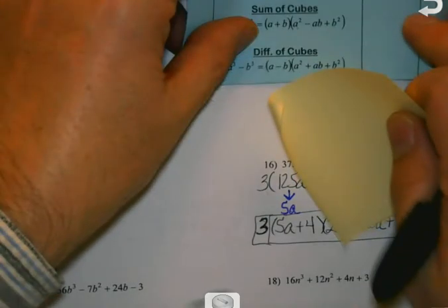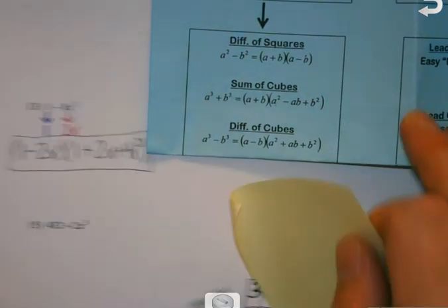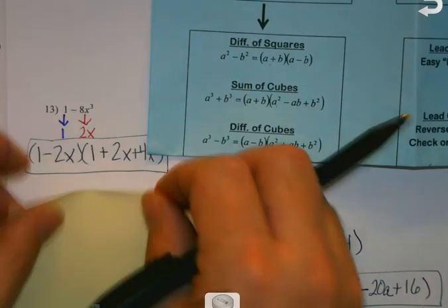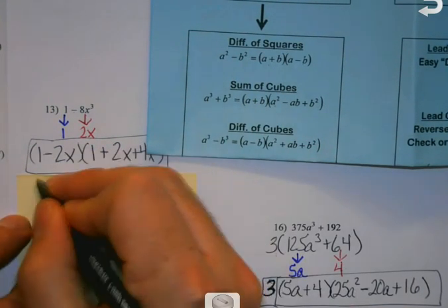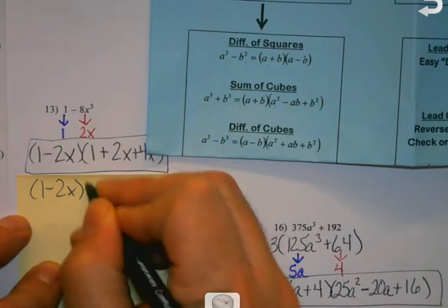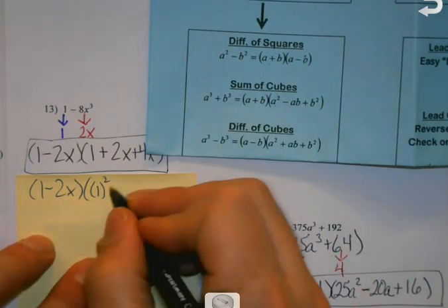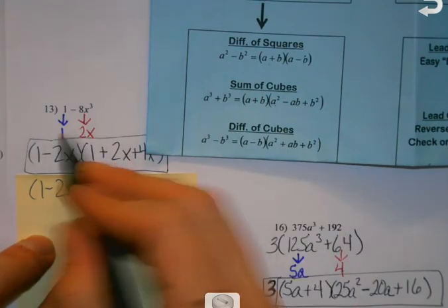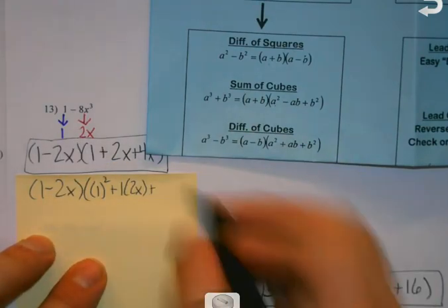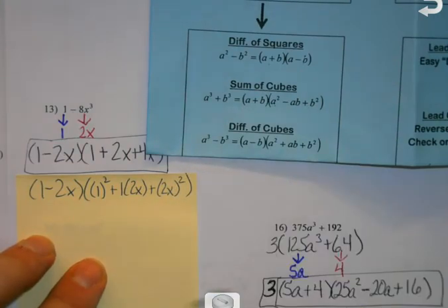Let me get my pattern, keep it up here. And instead of just writing it out that way, I'll literally write out everything I did here. Okay. So I did a plus b, so I had the 1 minus 2x. Then I squared my first term, so I squared the 1. Then I did 1 times 2x. I multiplied my two terms together. And then I squared my second term.